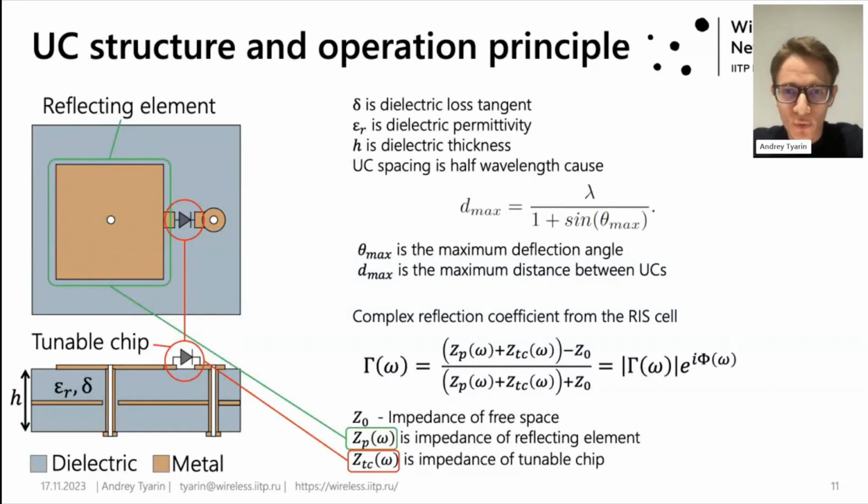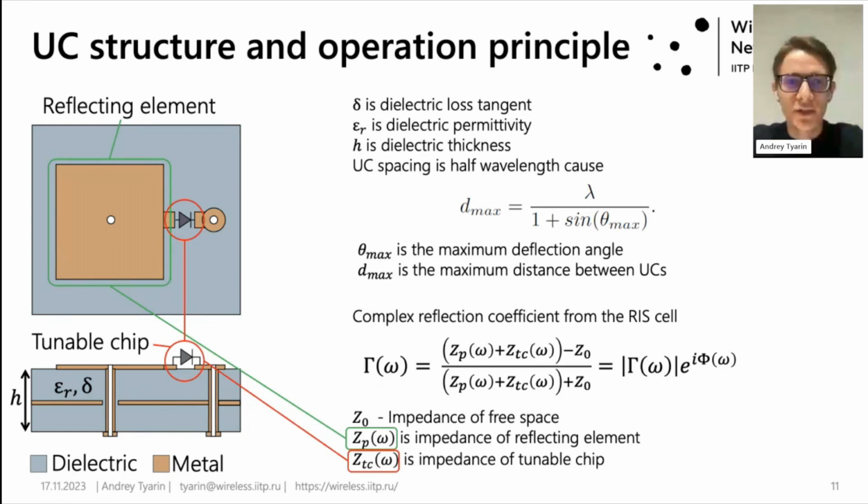UC is a key component that defines most of the RIS functionality. And now I want to describe the UC structure, which consists of at least 3 layers. The bottom layer is a metallic layer, and it is needed for grounding.